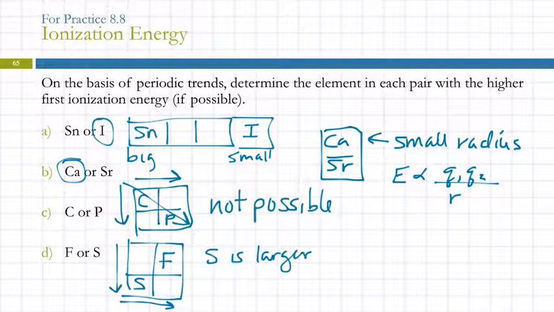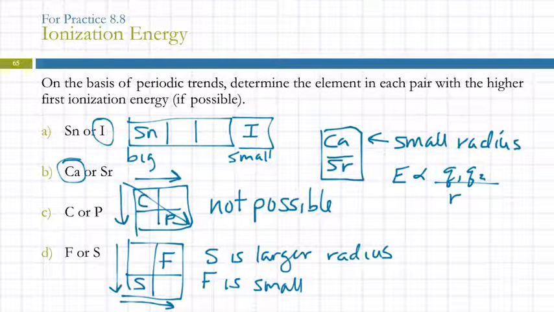Sulfur is larger. Fluorine is smaller in size. That's the radius. Big family, small family, harder to steal an electron. Small family, so it's going to be fluorine. Any questions?